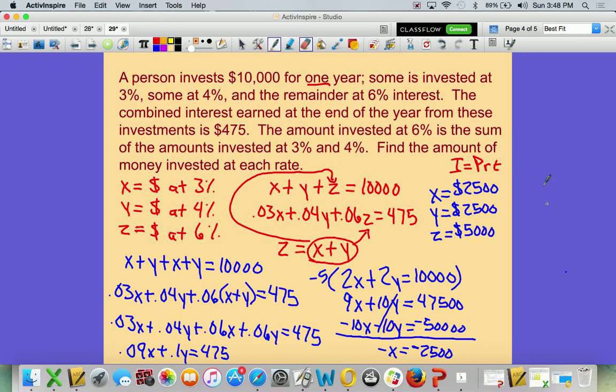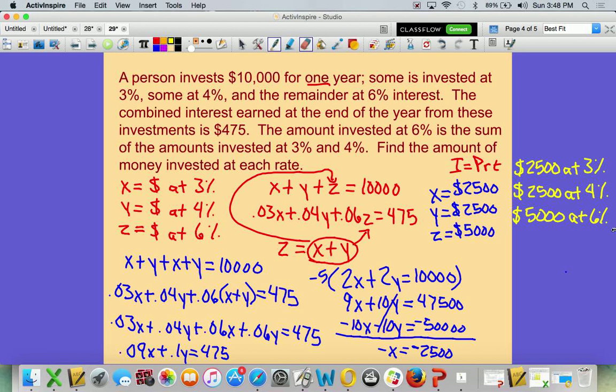So what we need to say here is 2,500 at 3%, 2,500 at 4%, and 5,000 at 6%.